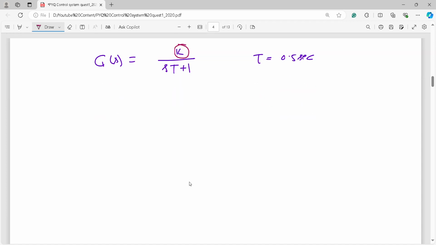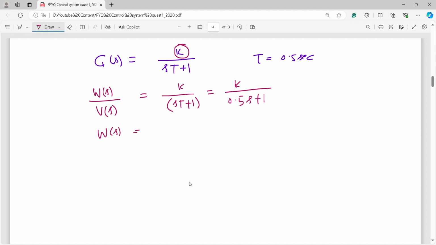So we can also interpret it like that. We can also write the output is speed omega(s), and by the input we are feeding, the input supply voltage V(s), equals K by sT plus 1. Because we know the time constant value, we can also write 0.5 s plus 1. So finally what is the speed expression?